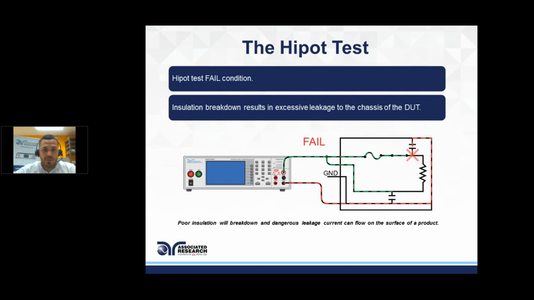Now on the other end, if insulation breaks down, if that voltage applied across the insulation is strong enough to have not just one electron, but an excessive amount of electrons break through that insulation, so much current that my transformer can no longer supply it, well, that transformer is going to shut itself off because I'm in this overpower protection state where I've given you everything I can.